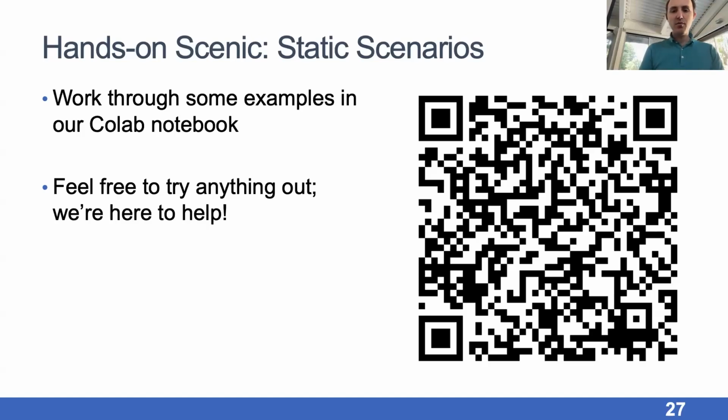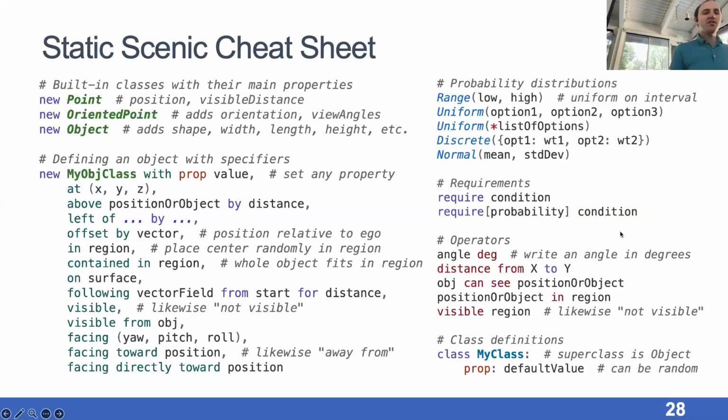What I will leave up while you're working on that is this cheat sheet I've put together, which has essentially almost all of Scenic's syntax for static scenarios. So in the top left, you've got the built-in classes, point, oriented point, and object with their main properties.